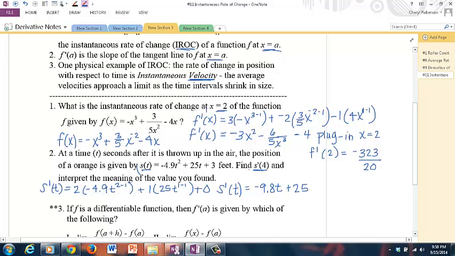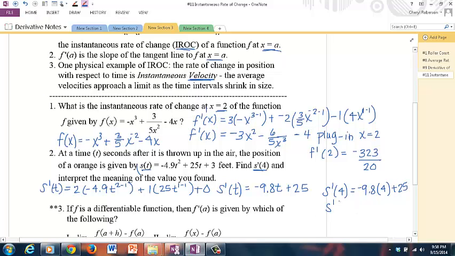Now I need to find s prime of 4. So I need to know what is the velocity at this particular time 4. So I'm going to substitute in 4 in place of t, so I have negative 9.8 times 4 plus 25.